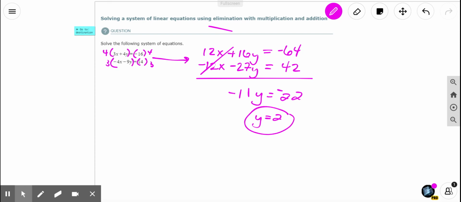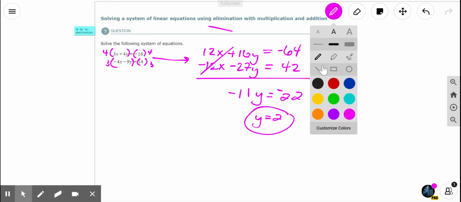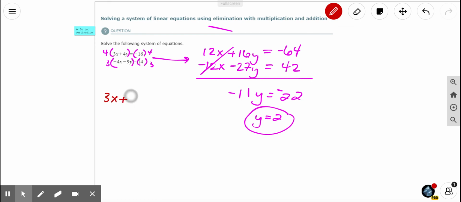Then to solve for x, all we need to do is plug it back in. I'll pick a different color to solve for x. So I'm going to pick the first equation because it doesn't have any negative signs on the left-hand side.